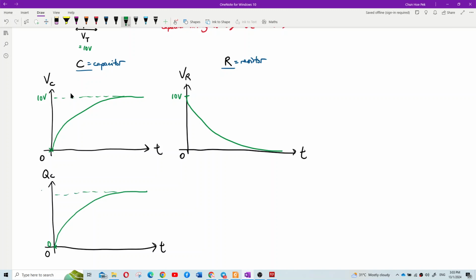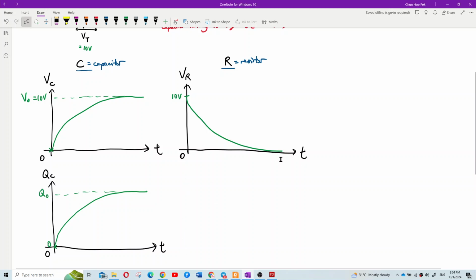We put this as Q naught, the maximum charge. We don't know what charge, but just put it as Q naught, and the maximum voltage as V naught. The resistor doesn't store any charge, it just has the voltage graph only.